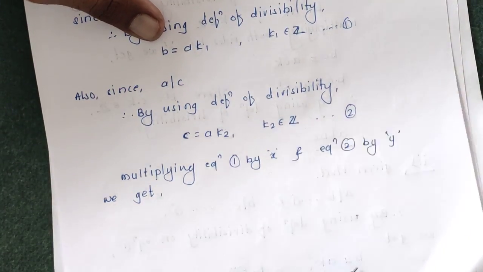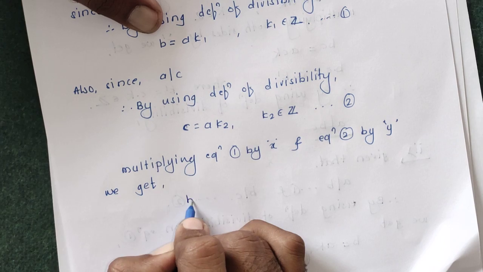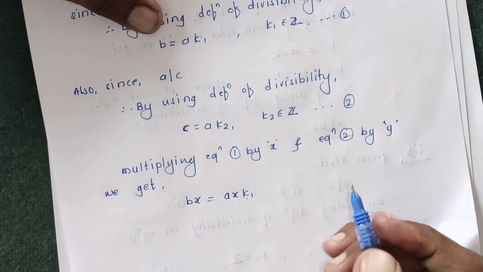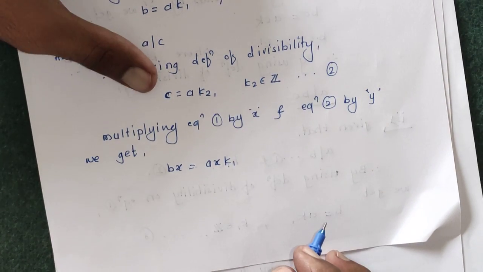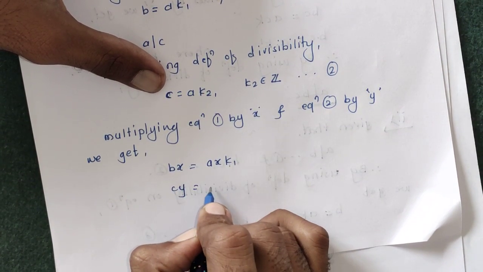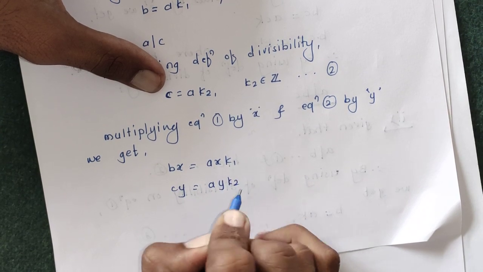Multiplying equation 1 with x, we get Bx equals Ax into K1, and multiplying equation 2 by y, we get Cy equals Ay into K2.